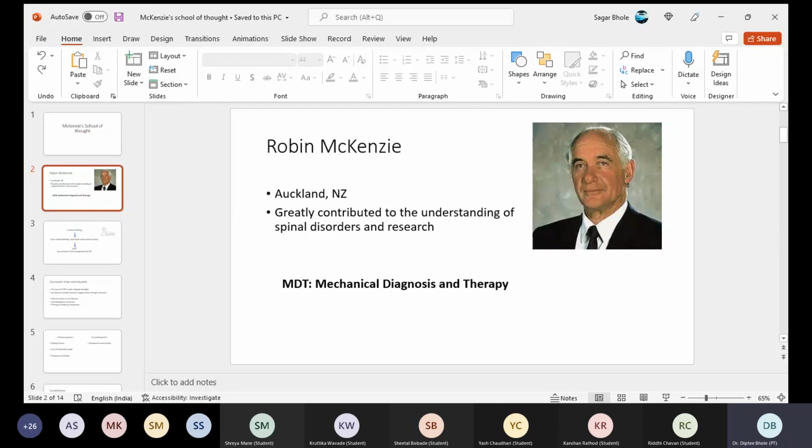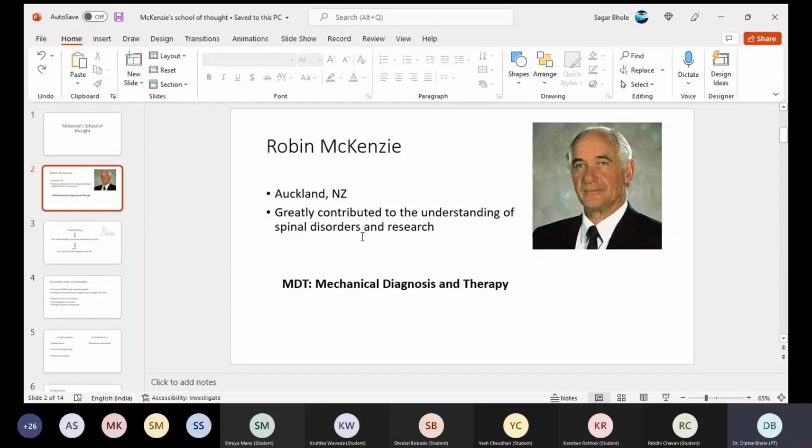And that is why when we talk about the McKenzie concept, it has greatly contributed towards the understanding of spinal disorders, and it has not limited itself to only that, but a lot of research has gone into formalizing the initial principles that McKenzie had put forth, okay. So it's not just his thinking, but all of it has eventually been scientifically proven. So his theories got accepted, and not only locally, but they are now accepted worldwide, okay.